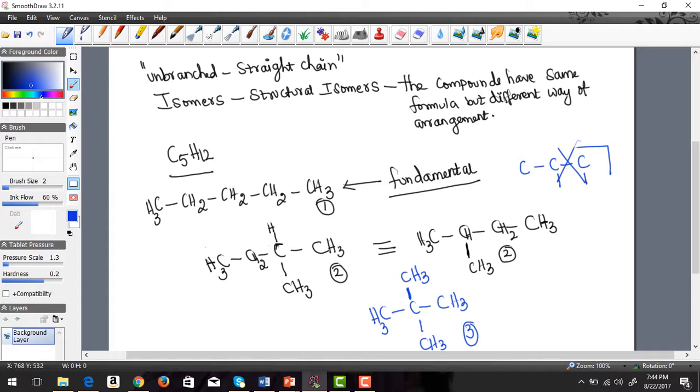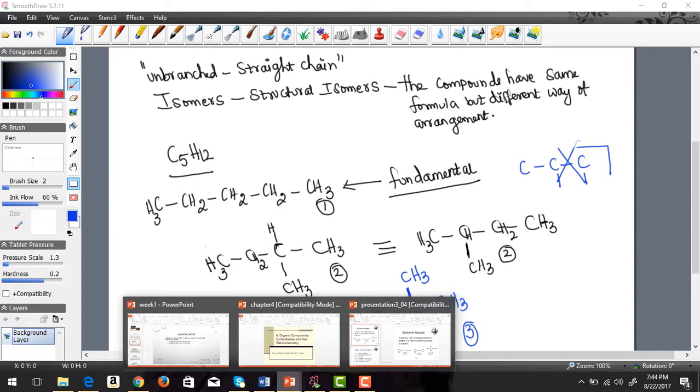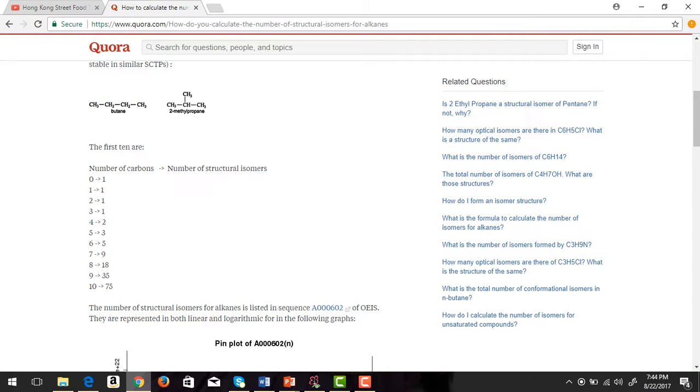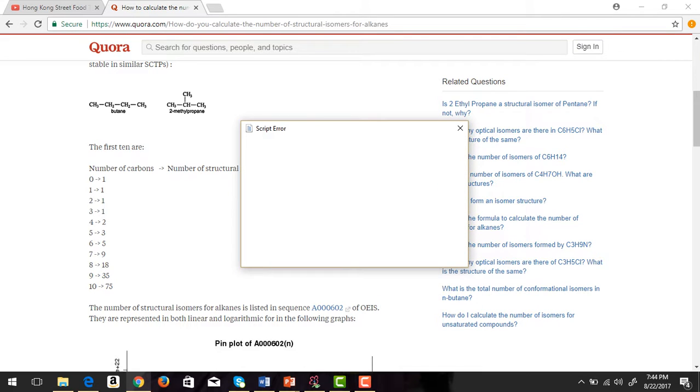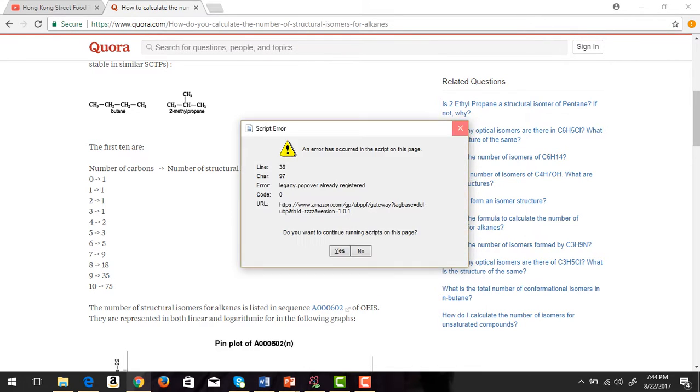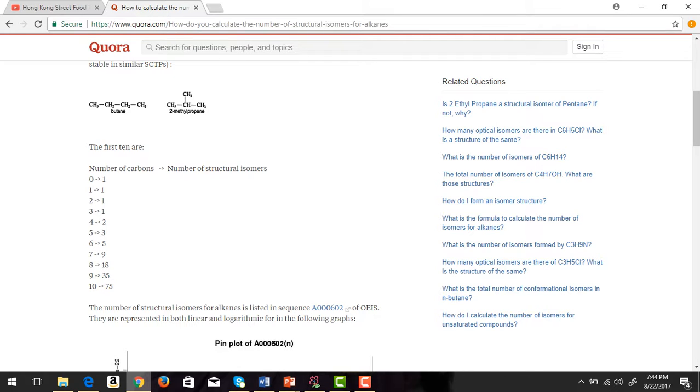So let me show you something of a list. Okay, so our compound had what, 5 carbons, right? There is really no way to figure out how many isomers for alkanes. It's not that easy.